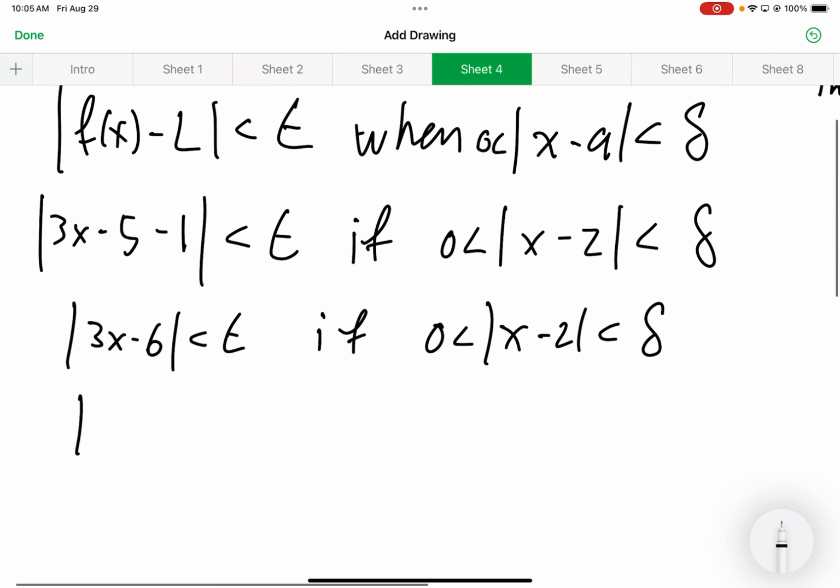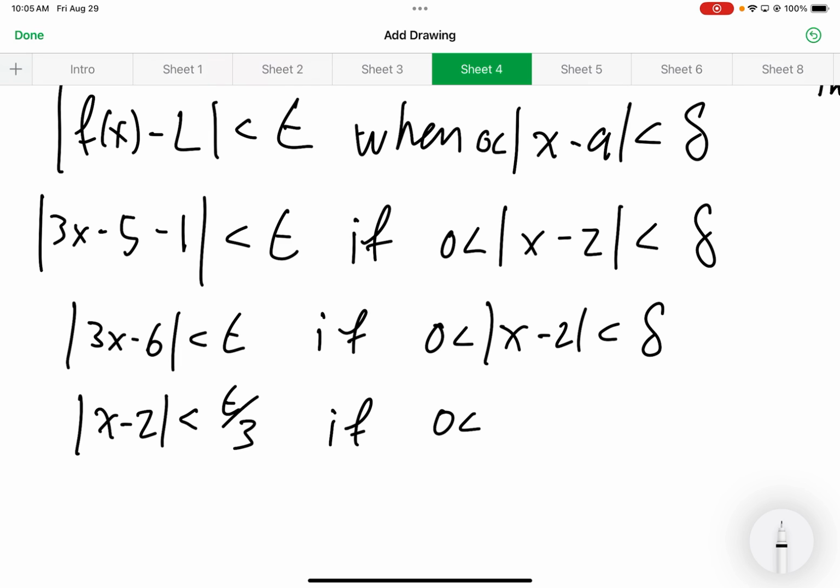So I'm going to say absolute value of x minus 2 is less than, but this time on the right side, I don't have a 0.1. I just have an epsilon. And since I'm dividing it by 3, I'm just going to say it's epsilon over 3. If 0 is less than x minus 2, which is less than delta.